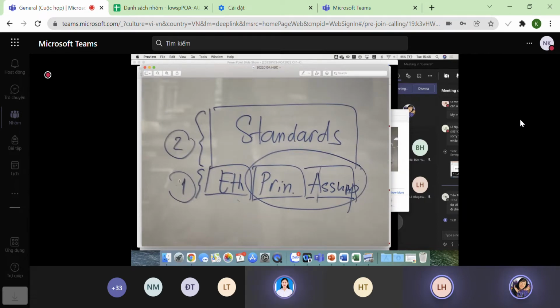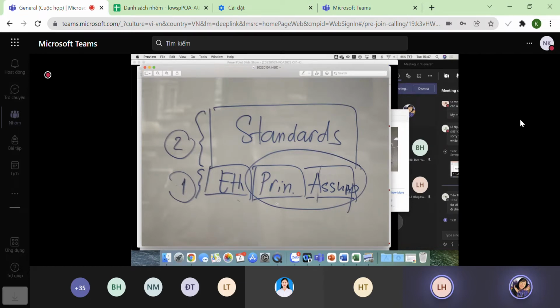We have the basement, the foundation for the accounting system. Ethics is the first block of accounting, principles the second one, and assumptions.